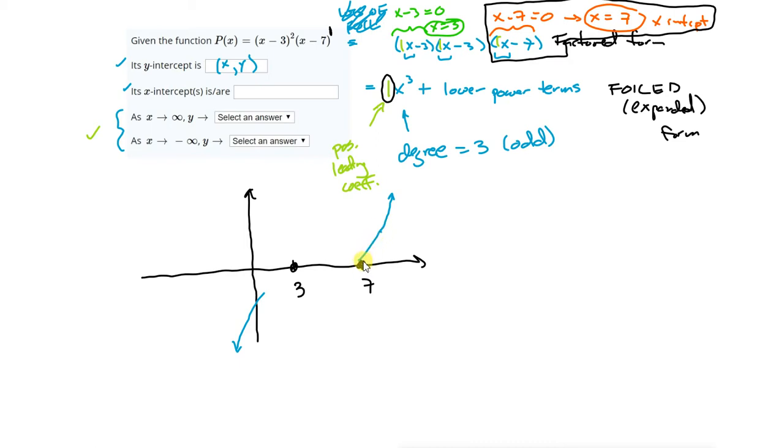There's two ways to have an x-intercept. Either the function passes through, or it touches the axis and goes back in the same direction again. When you have a degree 1 factor, you get what's called a pass-through intercept. You pass through. When I have a degree 2 factor, what's happening?